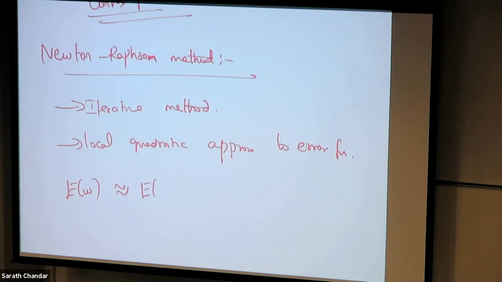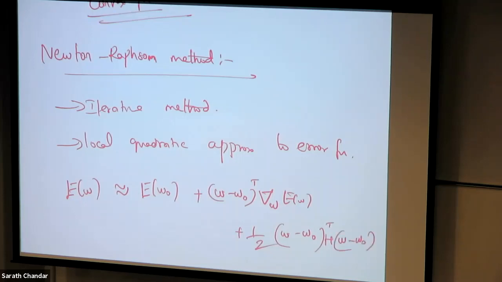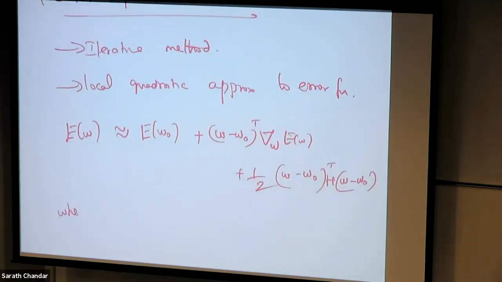So this is going to be E of W0 plus (W minus W0) transpose times the gradient with respect to W, plus 1 over 2 (W minus W0) transpose H (W minus W0), where H is the Hessian of E evaluated at W0. The Hessian is the double differentiation, like del square E by del W squared. Is that clear?